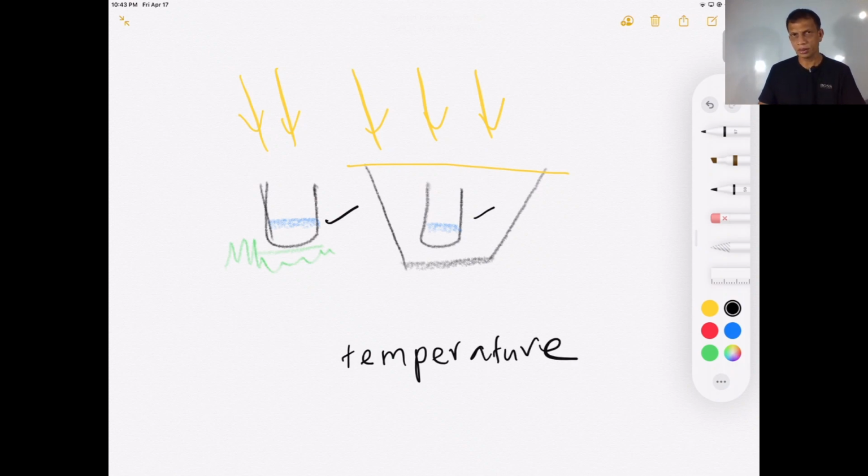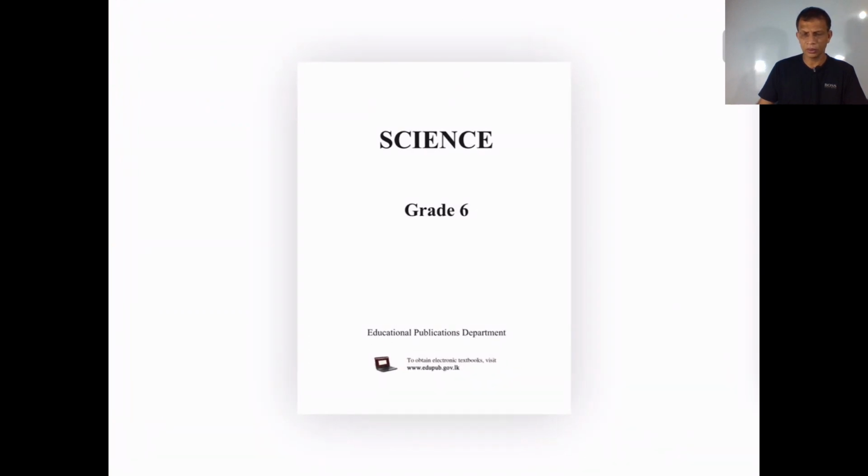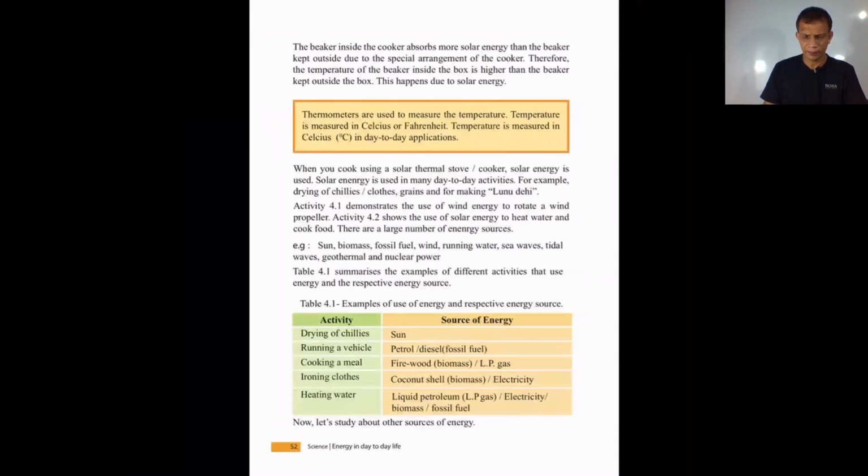How can you measure the temperature? Temperature is measured with the help of a thermometer.